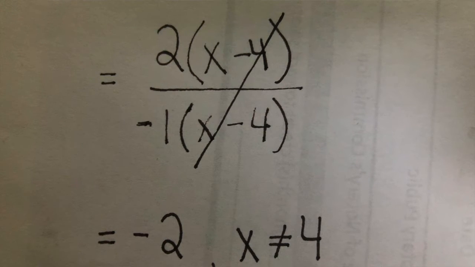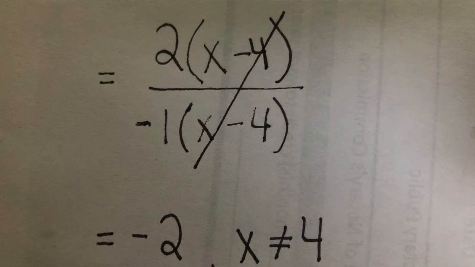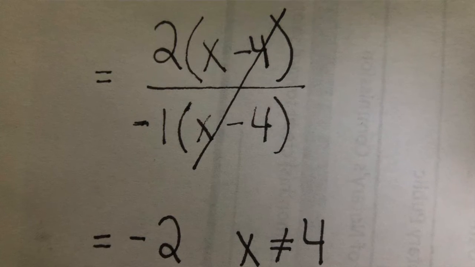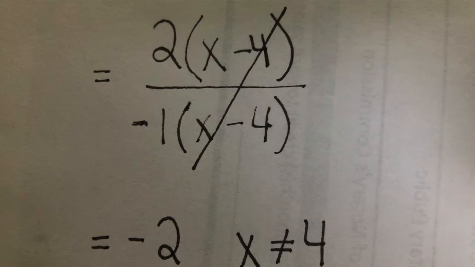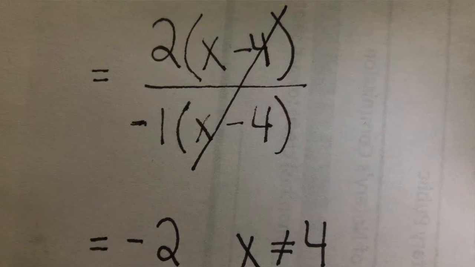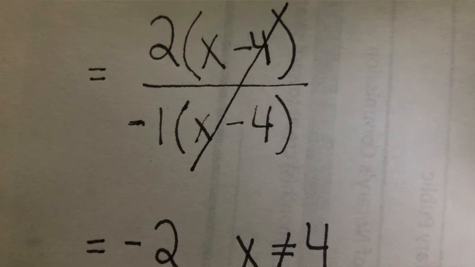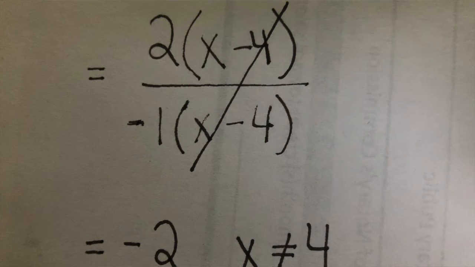We should also at this point mention the x values that are not allowed. So we'll say x cannot equal 4, and I'm looking at the denominator up above.